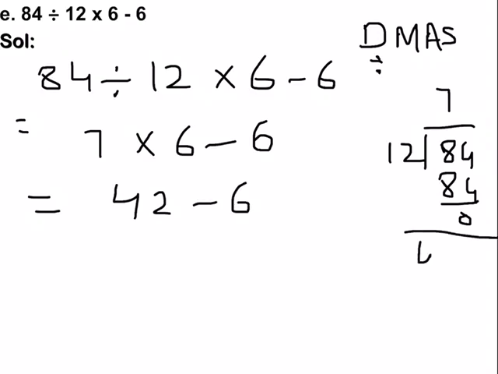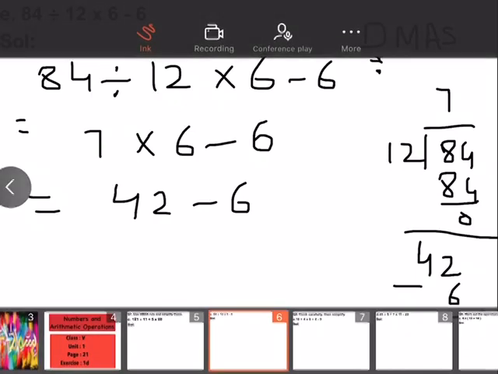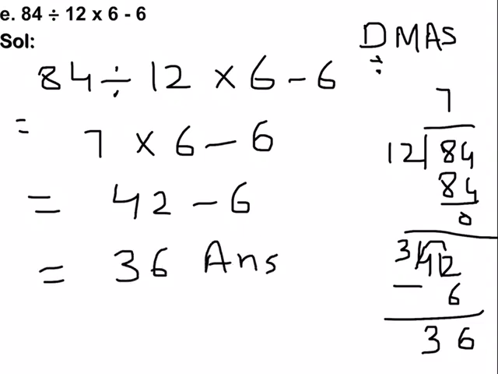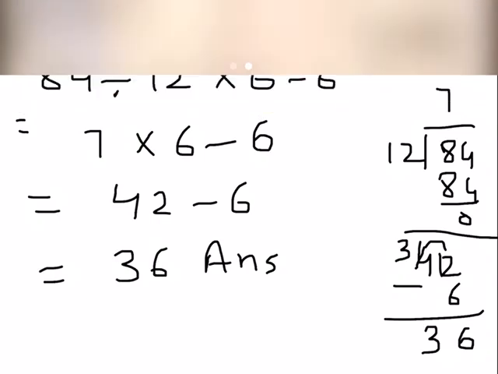Now student, 42 minus 6. First we will take carry. From 4 make 12. 12 minus 6, 6. Here is 3. So student, the answer of part E is 36. Understand? Very interesting question, student.